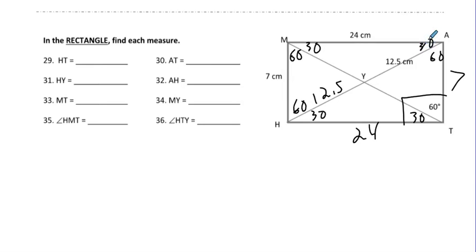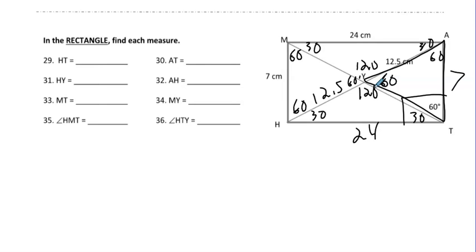And just for the heck of it, right here I have a triangle, 60, 60, 60. Vertical angles are equal, so 60, and that makes this 120. Okay? Everything is labeled that I could label.